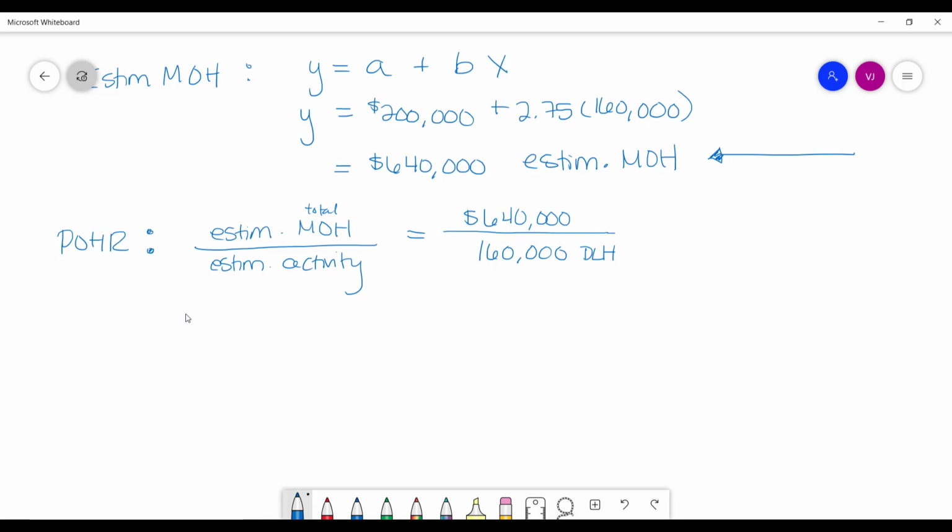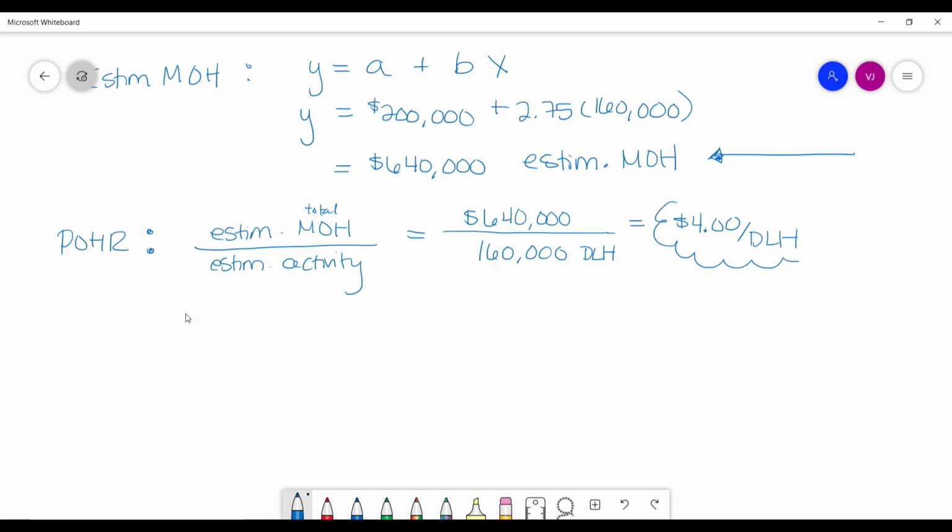So all we're saying is this: the $640,000 is going to be driven, or we estimate it's going to be driven by or caused by this 160,000 direct labor hours. So what does that POHR come out to per direct labor hour? If you do 640,000 divided by 160,000, that should come out to $4. Okay, $4 of manufacturing overhead per direct labor hour.